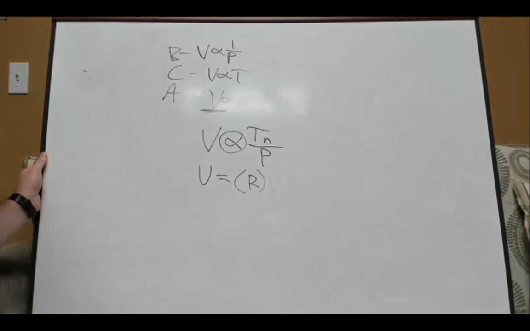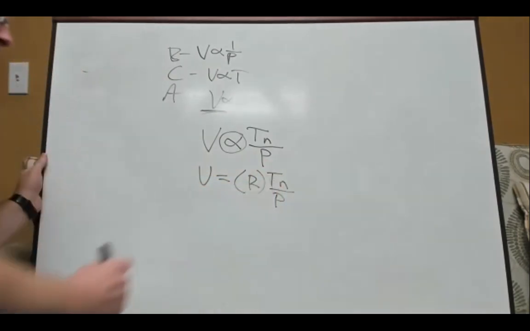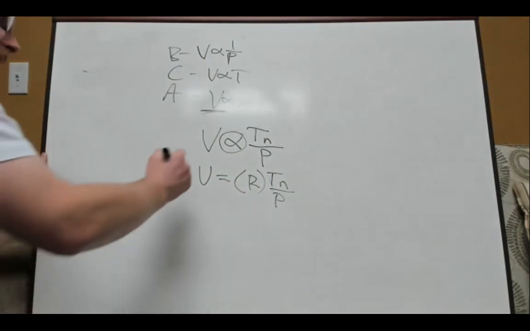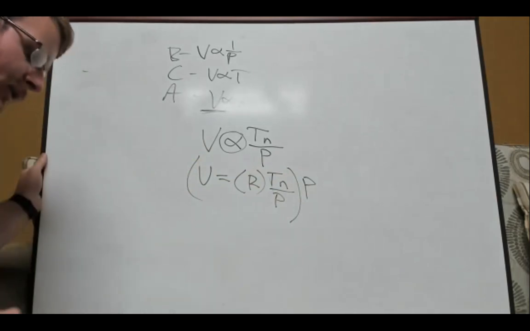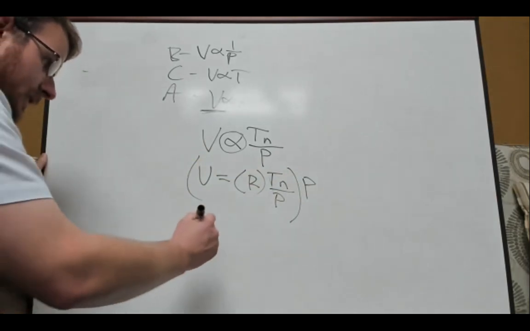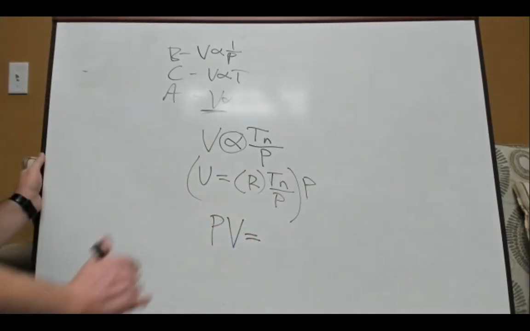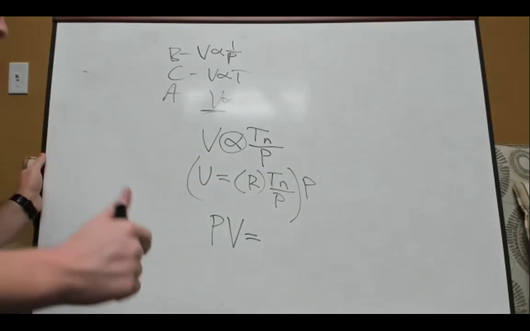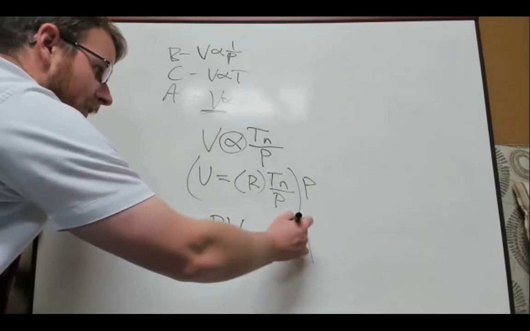In this case, I'm going to call that constant the letter R. And then we have T(n) over P. Now, I don't like having a divisor over here, so I'm going to multiply both sides by P. And what I get in the end is PV equals, I'm going to rearrange these, because we're multiplying R, T, and N, so it doesn't matter which order we put them in. But I want to put them in N, R, T.